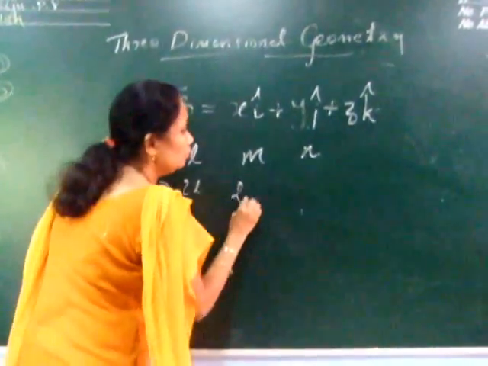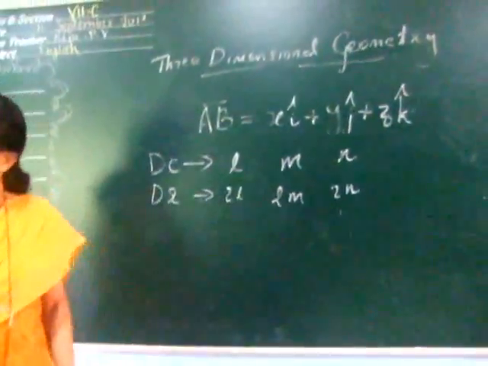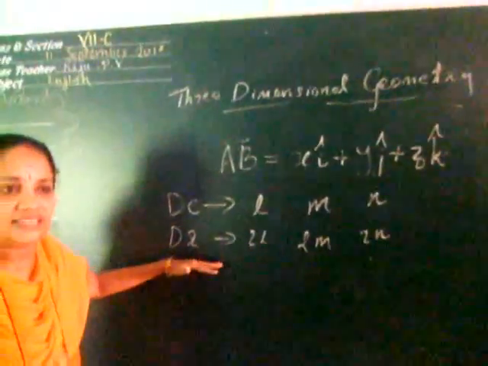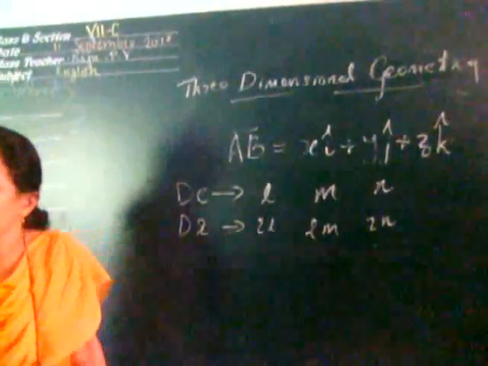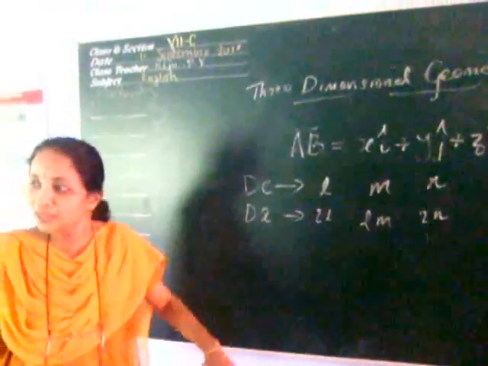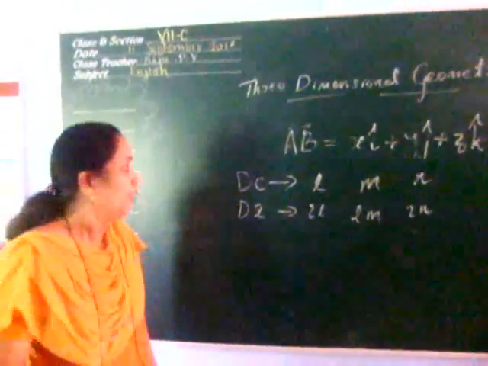Let us take 2L, 2M and 2N. This is called a set of direction ratios. Similarly, you can get infinitely many sets of direction ratios.